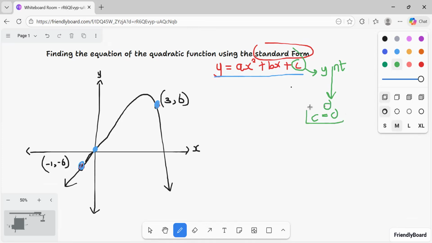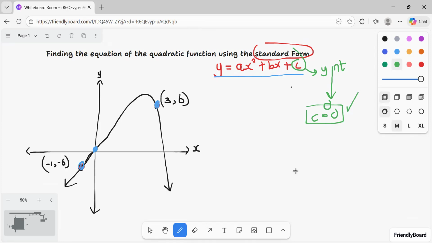Because our y-intercept is 0, because the graph is cutting the y-axis at the origin. So if our y-intercept is 0, we know that c is also equal to 0. So now we have managed to find our value of c, which is equal to 0.